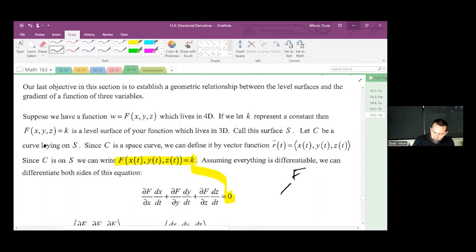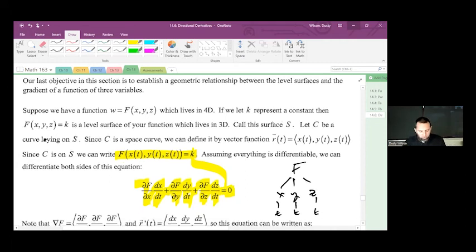You're saying that f is a function of x, y, z, which are in turn functions of t. And so we have the partial derivative of f with respect to x times dx dt plus partial derivative of f with respect to y times dy dt plus partial derivative of f with respect to z times dz dt equals 0.